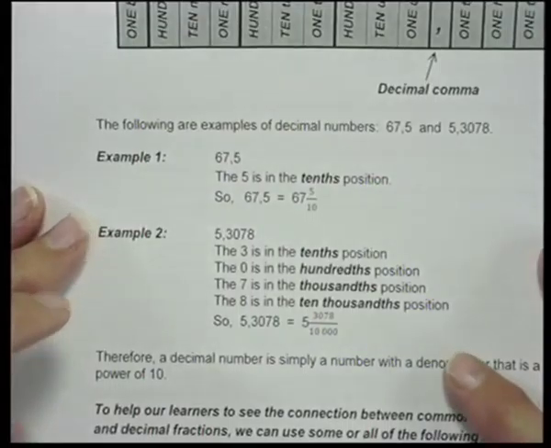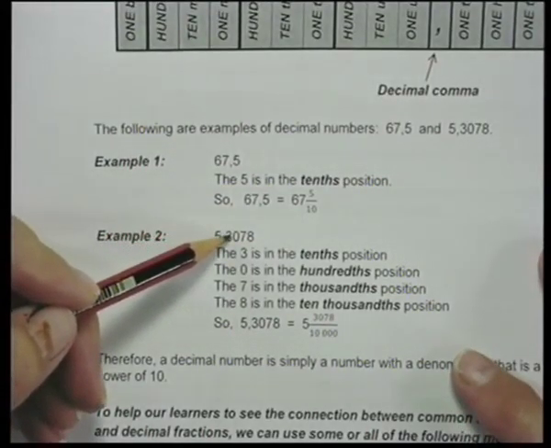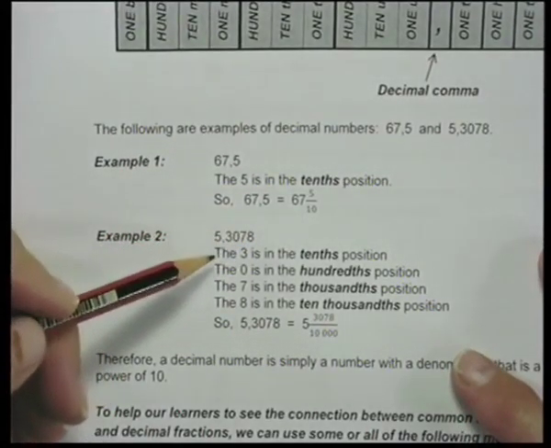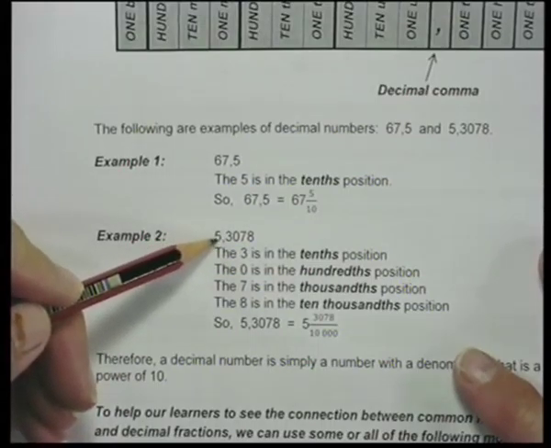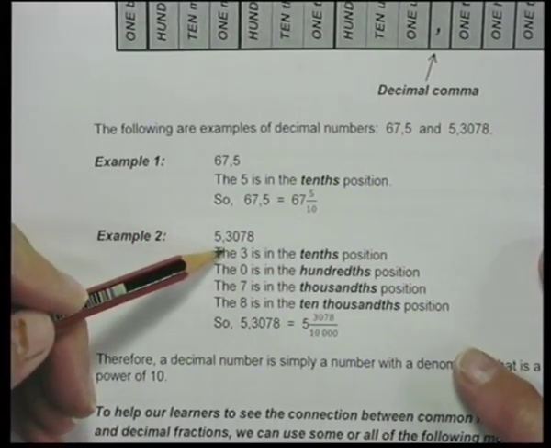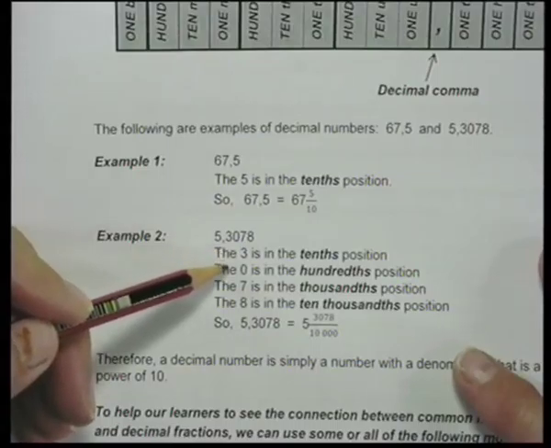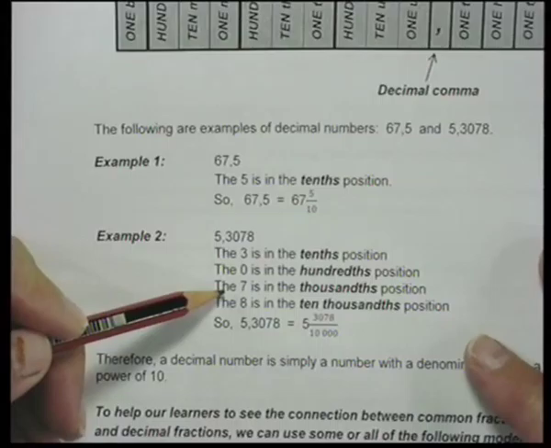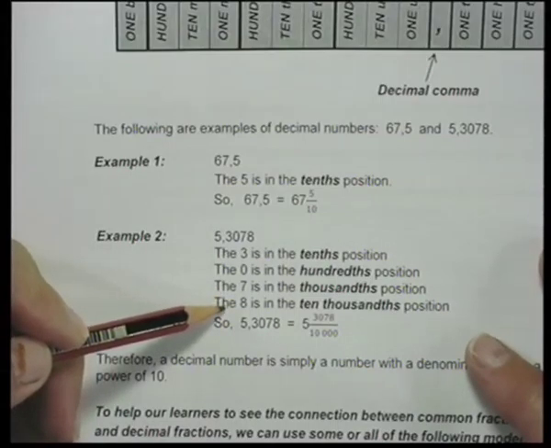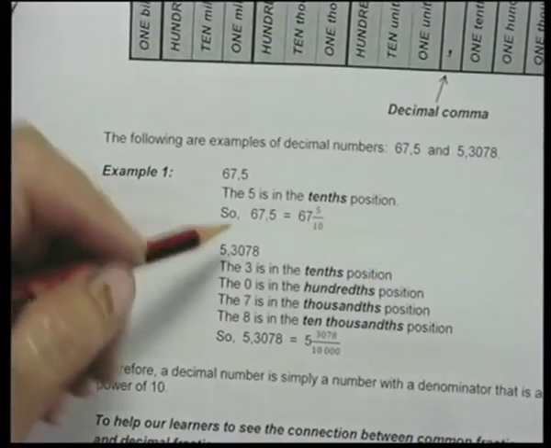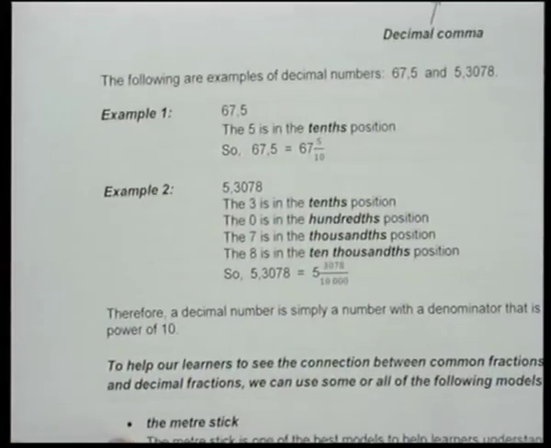If you look at this example, what is the number 5,3078? The 3 is in the tenths position. The 0 is in the hundredths position, and the 7 is the thousandths, and the 8 is the ten-thousandths. And the 5 is the whole number, the unit.